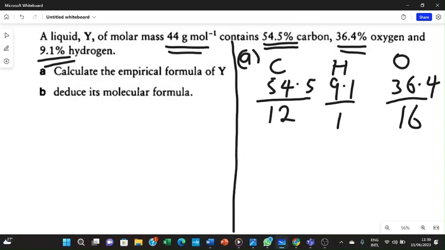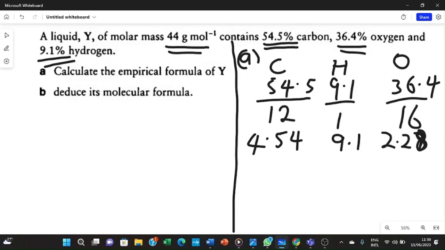So you have 54.5 divided by 12, you get 4.54; 9.1 divided by 1 is 9.1; then 36.4 divided by 16 is 2.28.